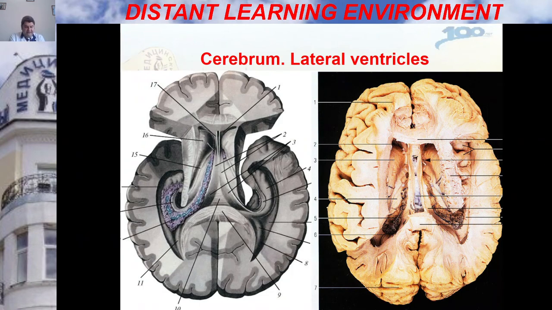Small sulci divide the anterior end of the hippocampus into several small projections. The medial border of the hippocampus carries a triangular fimbria hippocampi. You may see this fimbria here, which is a continuation of the posterior column of the fornix, crus fornicis.